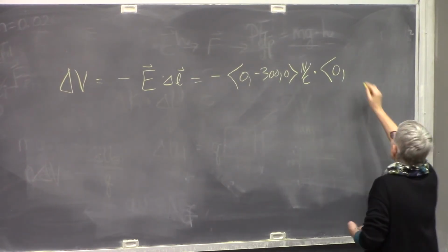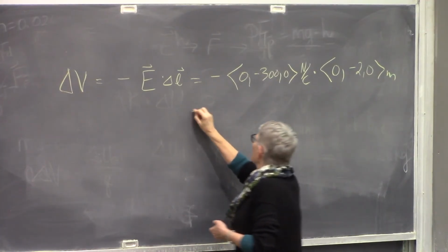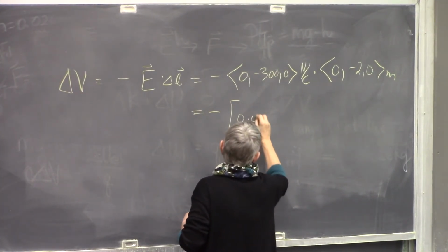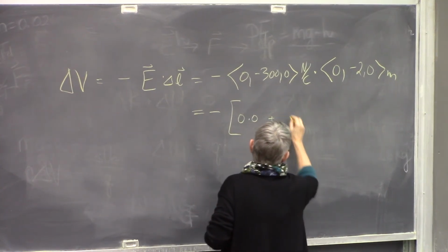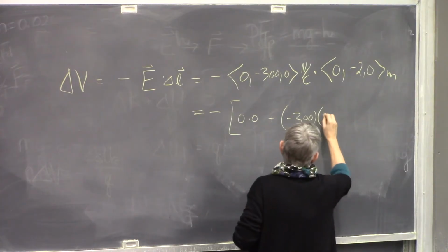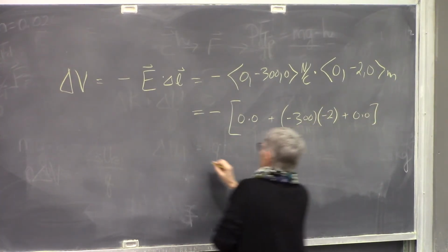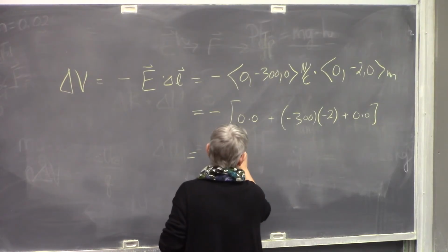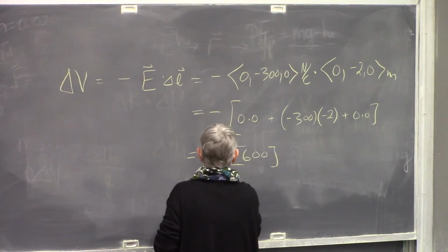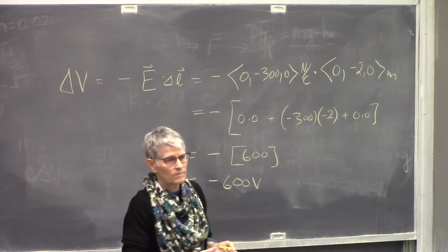Negative 2. 0 meters. So we get a minus 0 times 0 plus minus 300 times a minus 2 plus 0 times 0. And that gives us a minus 600, so that's negative 600 volts.